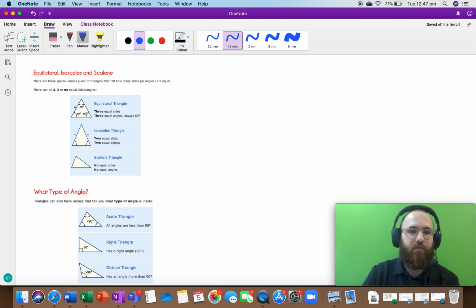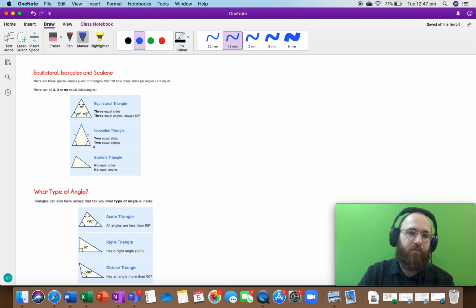First one, equilateral triangle. 3 equal sides and 3 equal angles. They're always 60 degrees. Remember I said earlier, all 3 angles will equal 180 degrees. 60 plus 60 plus 60 gives us our 180 degrees. Most importantly, just remember 3 equal sides, all the same length.